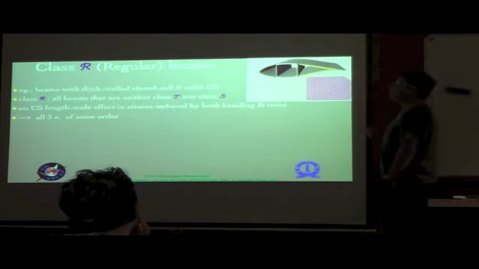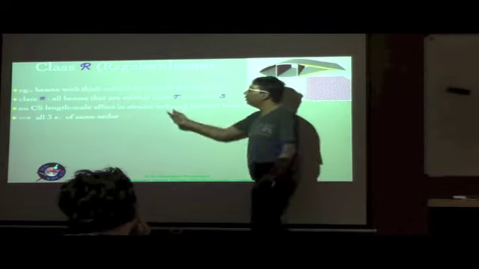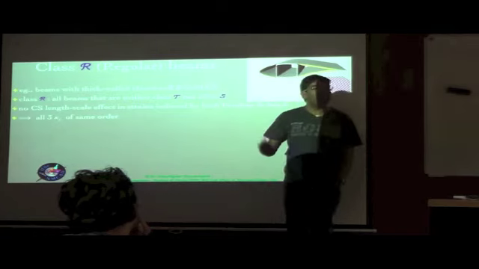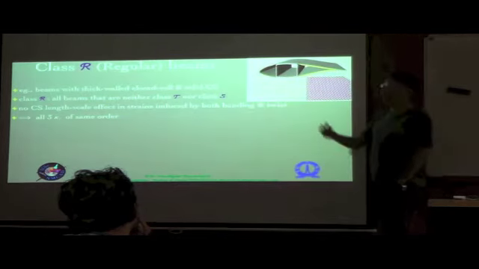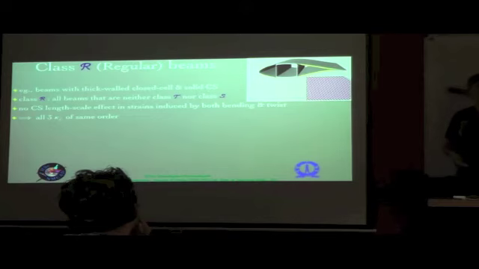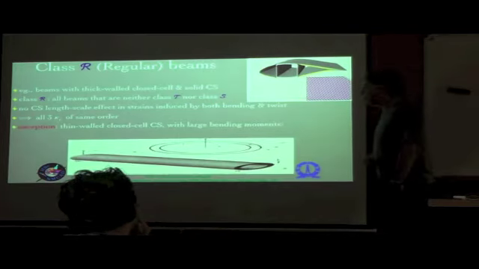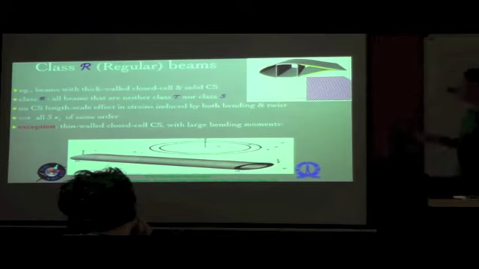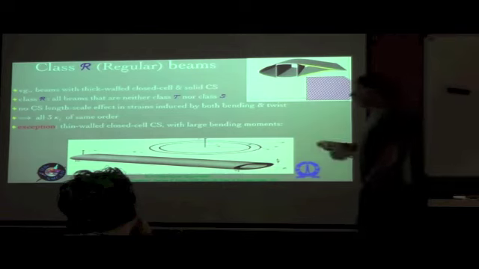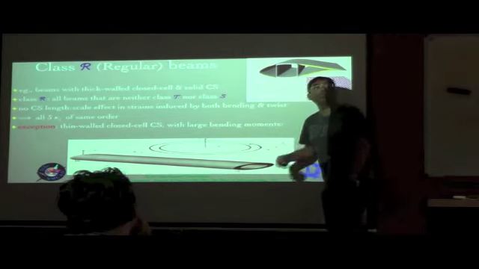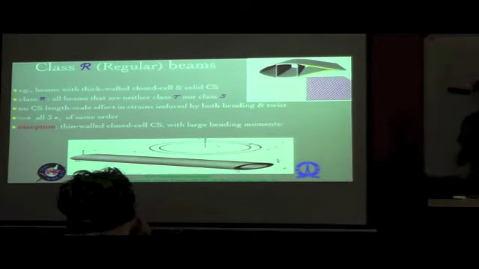So in such a situation where it is thick-walled or solid, you know that all kappa i will be of the same order of magnitude. We can use the same arguments that we used previously in order to show this. And of course the exception, which is basically the thin-walled closed cell cross-section with the large bending moments and therefore the large curvature, leading to a limit moment instability.